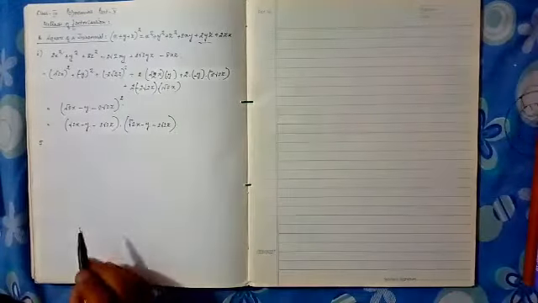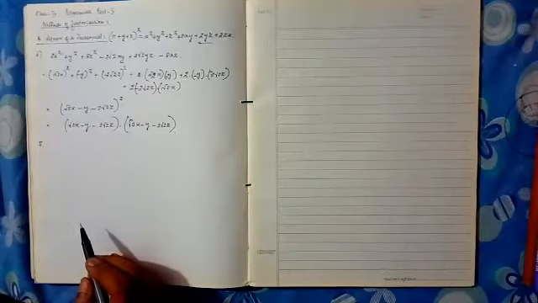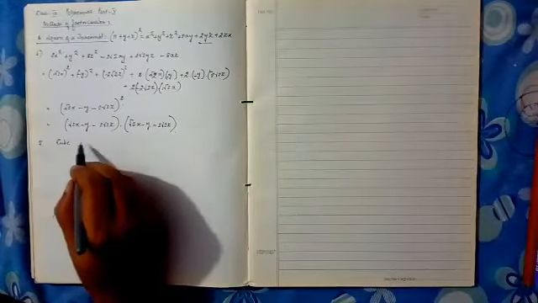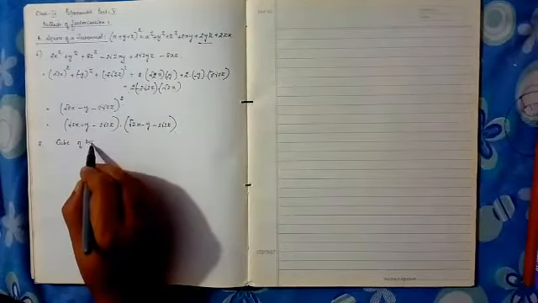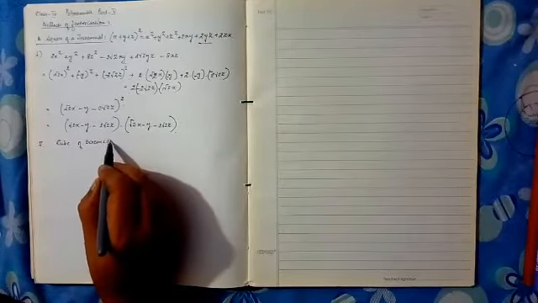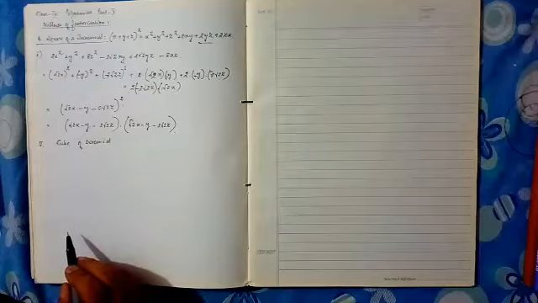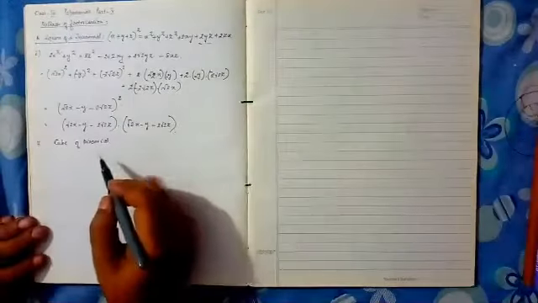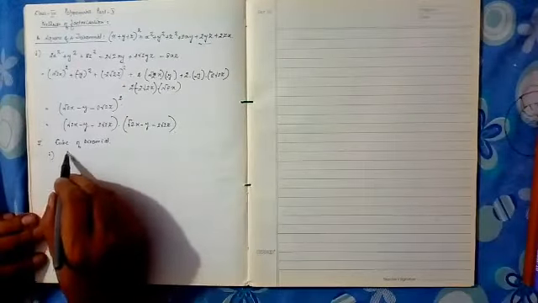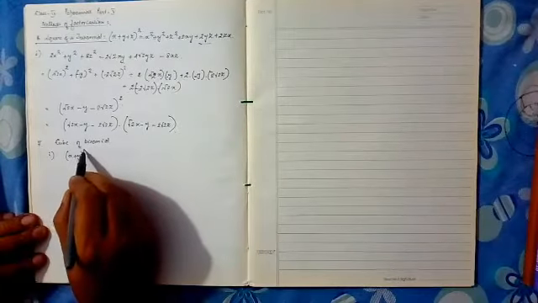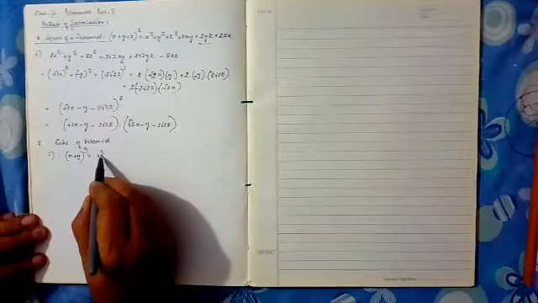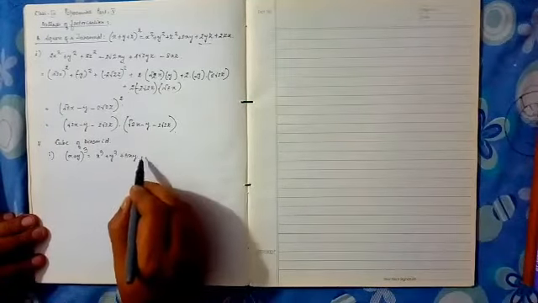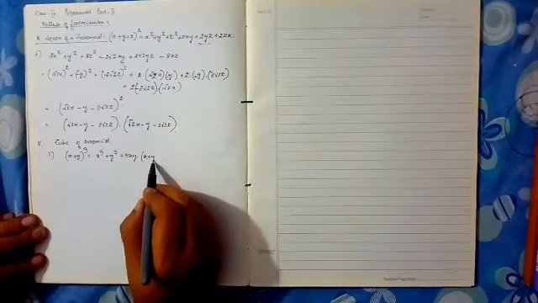Now seventh one, cube of binomial. Now for the cube of binomial, what do we use? Identities are (x + y) whole cube is equal to x cube plus y cube plus 3xy into (x + y).